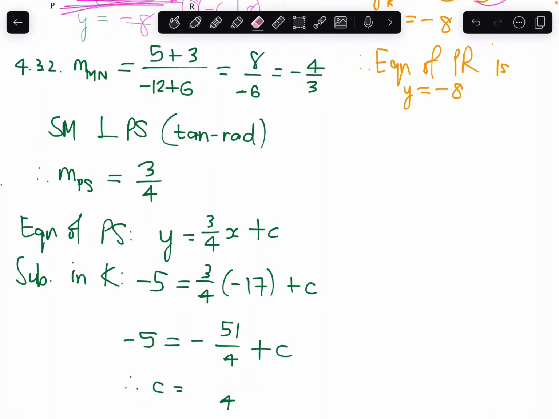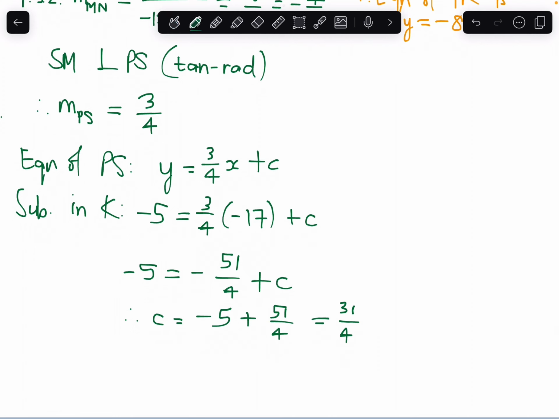Sorry, confusing myself, just because I switched sides. So that'll be negative 5 plus 51 over 4, and I think that comes to 31 over 4. So, in conclusion, the equation of PS is y is equal to 3/4 x plus 31 quarters.